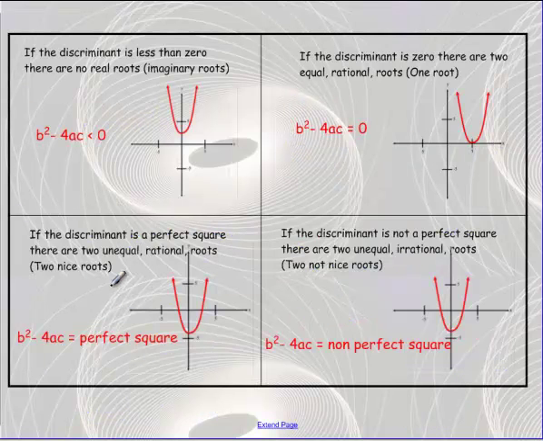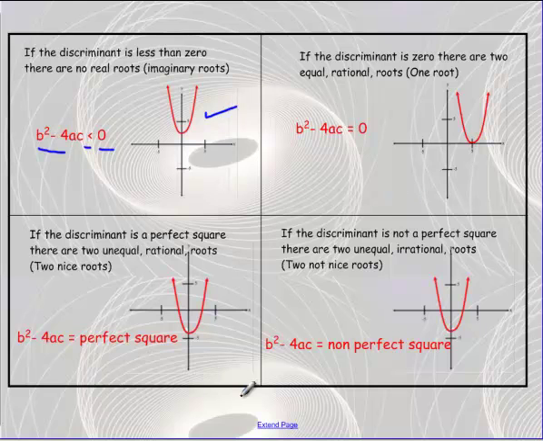Okay, this is a chart, which at this point the video is over, and you're going to want to stop this video right here, pause this, and this chart is what you want to know. This is what I'm going to be testing you on. I want you to know if the discriminant is less than 0, this is what your picture is going to look like.